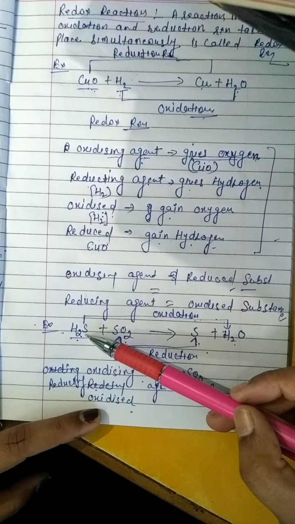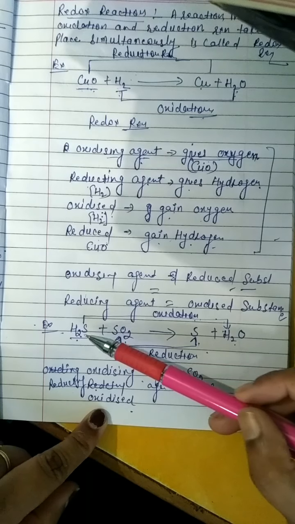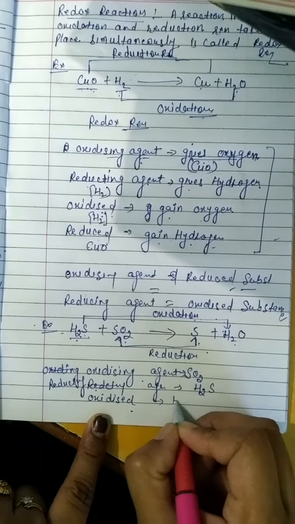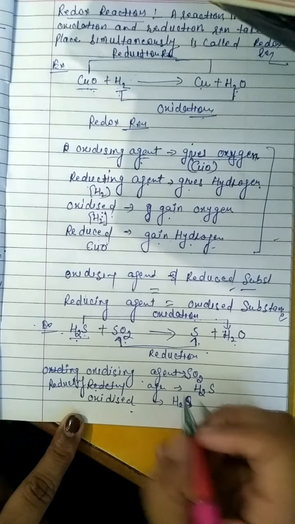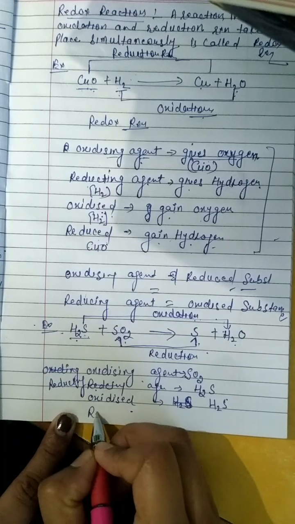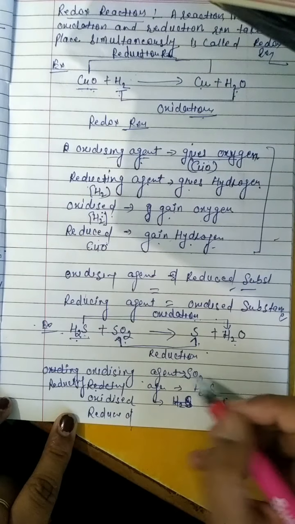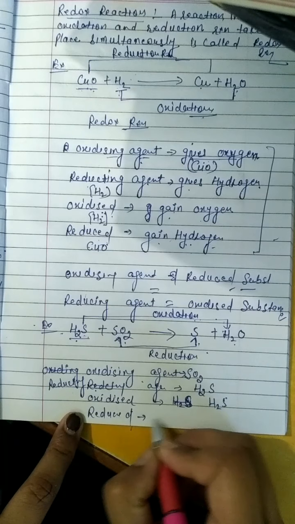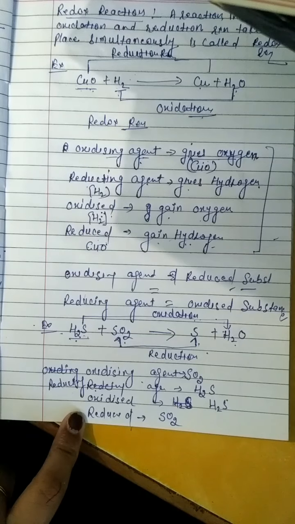Now from this, the hydrogen sulfide behaves like a oxidized, that gains oxygen from a water molecule. Now next one reduced, that gains hydrogen. Which substance gains hydrogen? That is the sulfur dioxide. Clear about it?